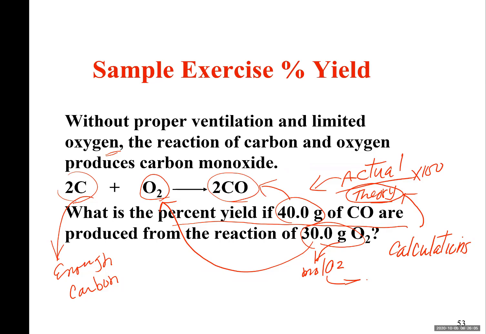From moles of oxygen, you go to moles of CO. From moles of CO, you go to grams of CO. Once you have that, that is based on calculation, that's your theoretical. And then multiply the ratio by 100.